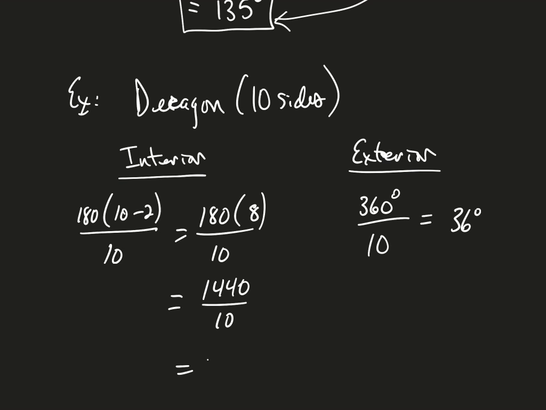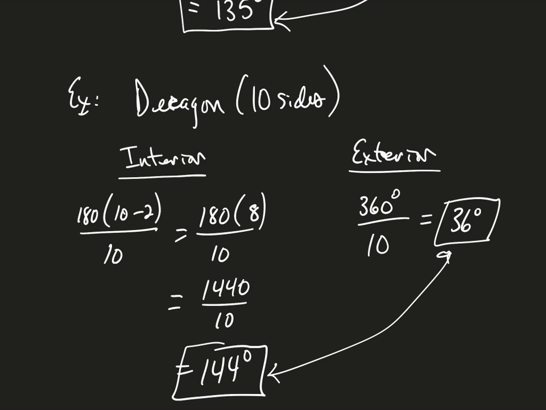And then divided by 10 gives us 144. So every interior angle, 144. Every exterior angle, 36. And as just kind of a check, add those two together, we get 180.